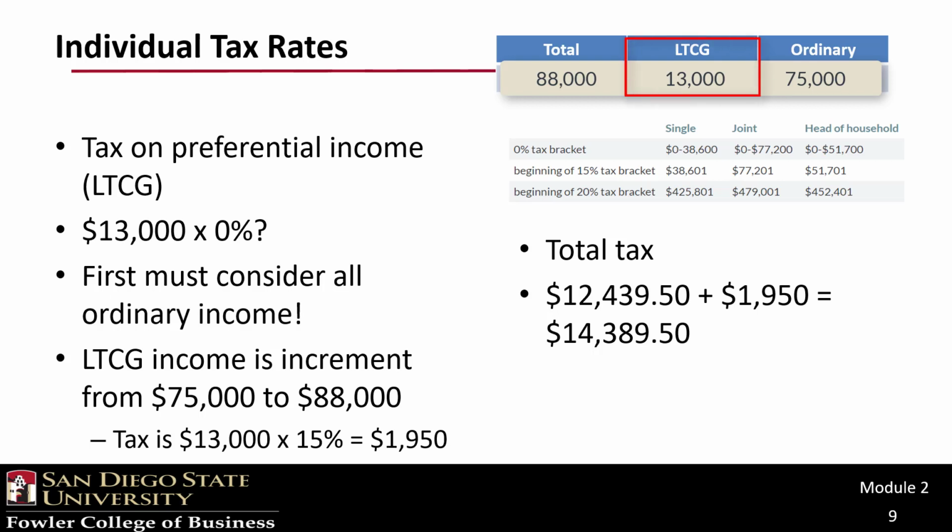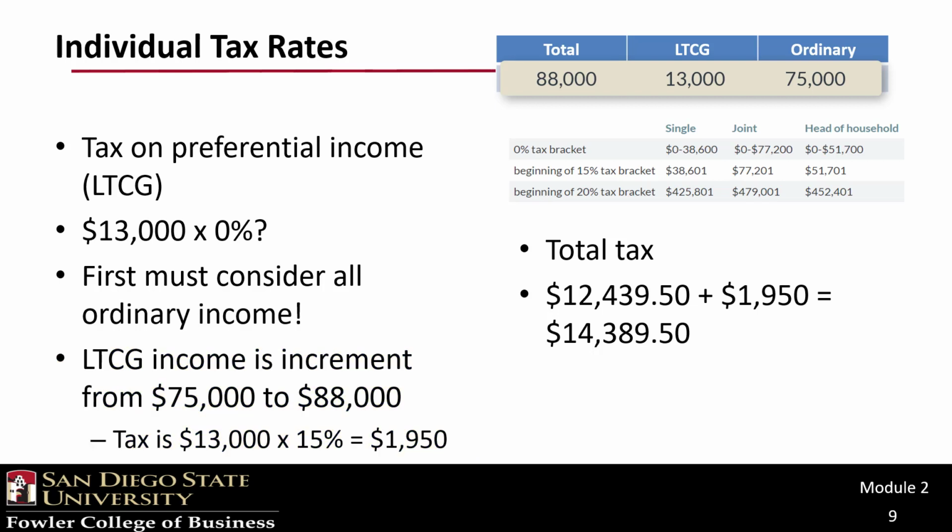Now, you might think that since long-term capital gain income for Betty is $13,000, and that's well below the $38,600, that Betty's long-term capital gain income would be taxed at zero. However, it doesn't work that way. First, we must consider Betty's ordinary income, which was $75,000. Then we consider the long-term capital gain as the increment from $75,000 to $88,000.